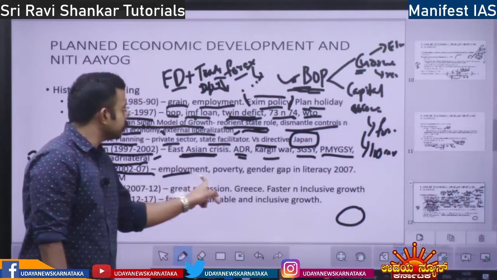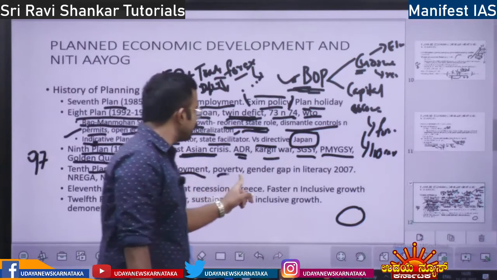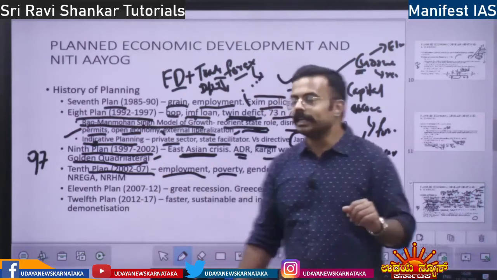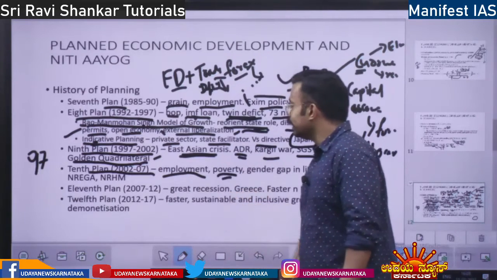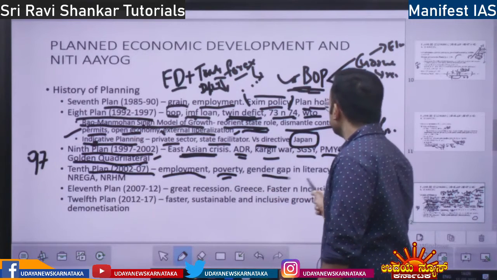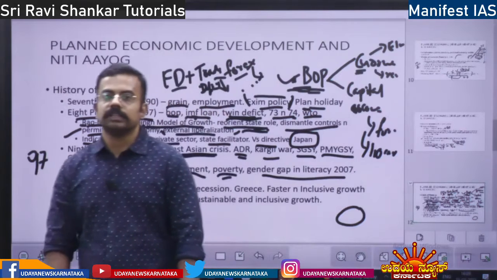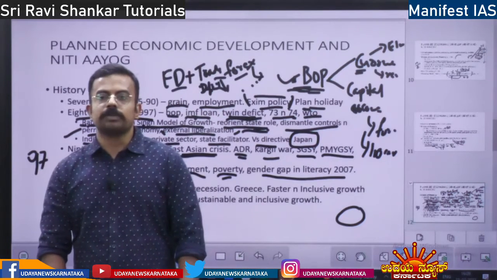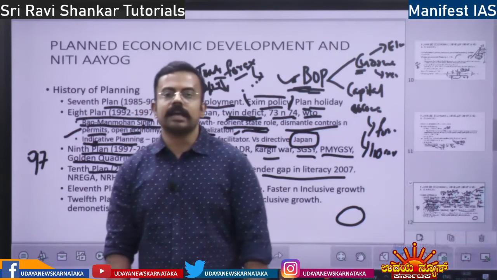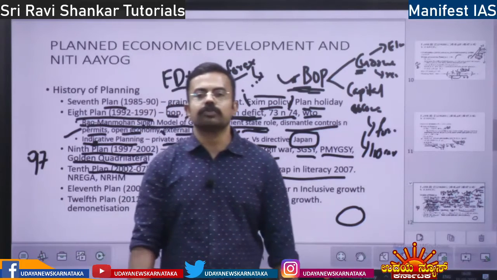Next, the 10th plan, 2002 to 2007. This focuses on employment increase and poverty decrease. And also it focuses on reducing the gender gap in education. Suppose 1 lakh girls are going to school.